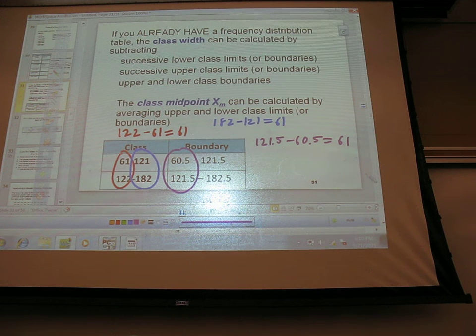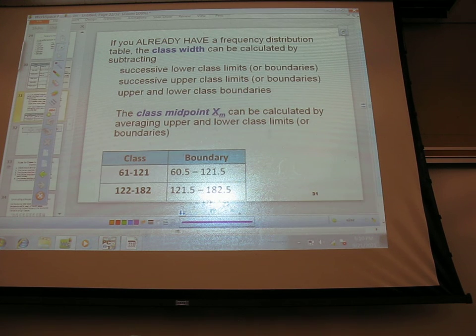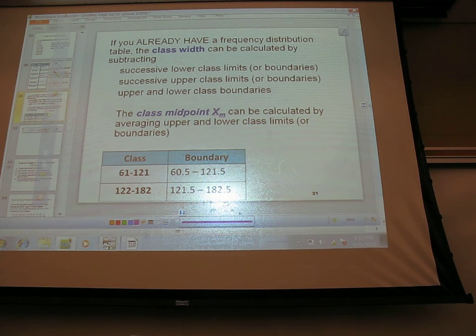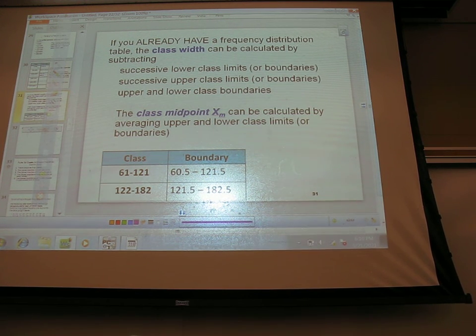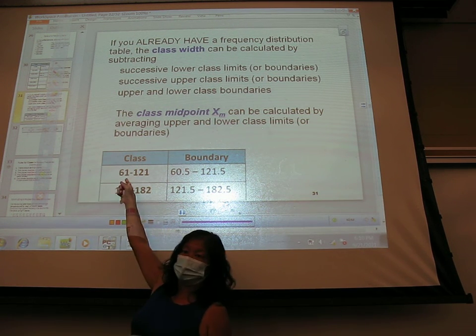Now, the other thing we're looking at is class midpoint. Anytime you have the word mid, midpoint, mid-range, any of the mids, mid means the middle, so you're going to average. You're going to take the largest value of the class and the smallest value of the class, and you're going to average them.